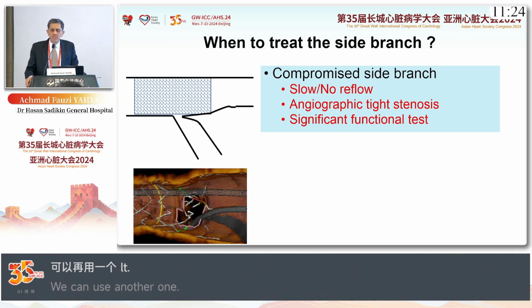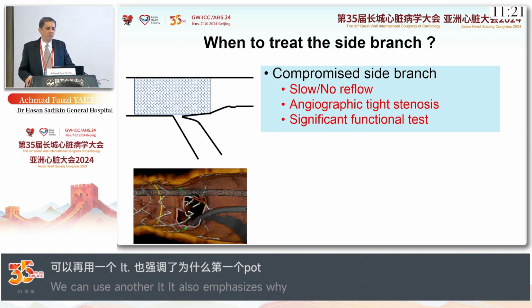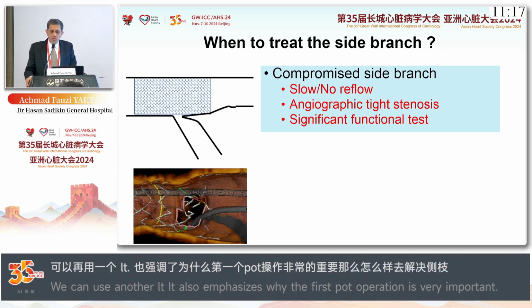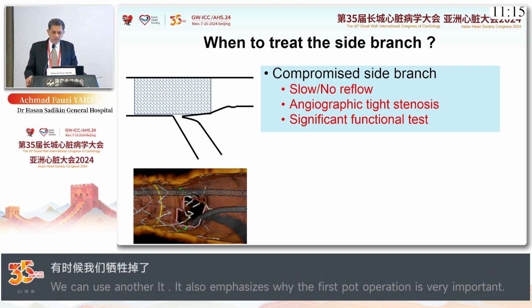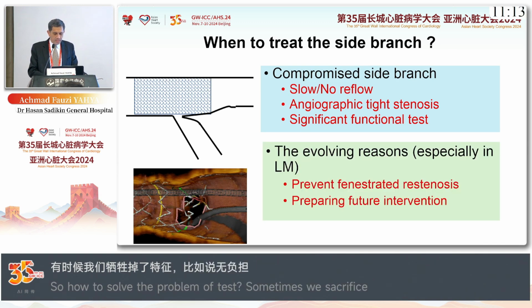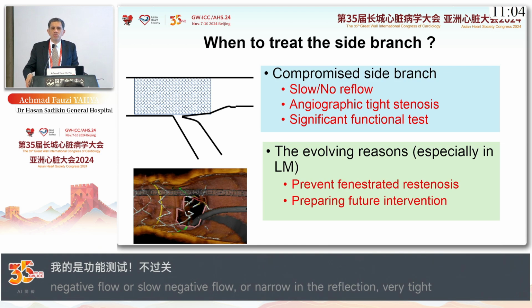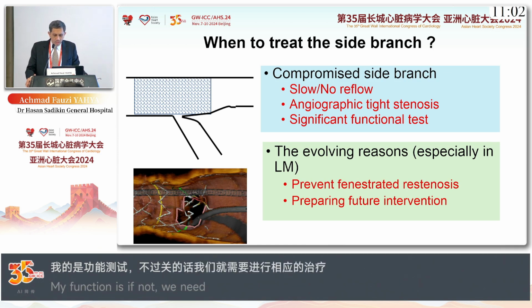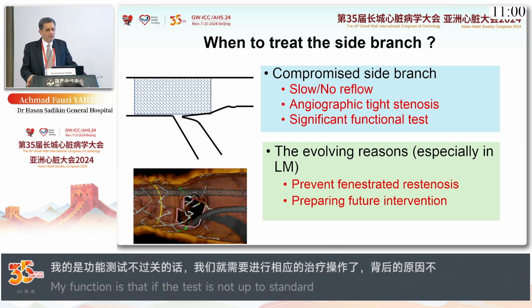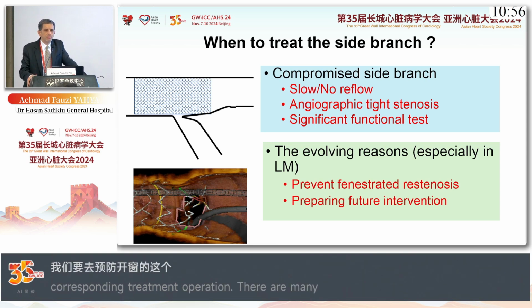So when to treat the side branch? Treat the side branch when there is a compromised side branch, slow or no reflow, angiographic tight stenosis, and significant functional tests. And the evolving reason is, especially in the left main, to prevent late stent thrombosis because of overlying struts of the side branch. And the other part is we have to prepare for future interventions.